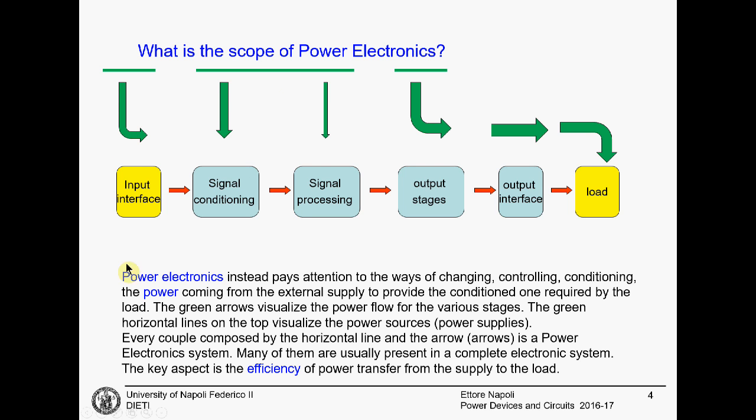You need energy everywhere, and maybe a big portion of this energy is in the output stage and the interface, when you need the energy to drive the load. This load can be something that needs a lot of energy, can be a motor, can be a loudspeaker, can be something that is physically big and needs energy to be activated.